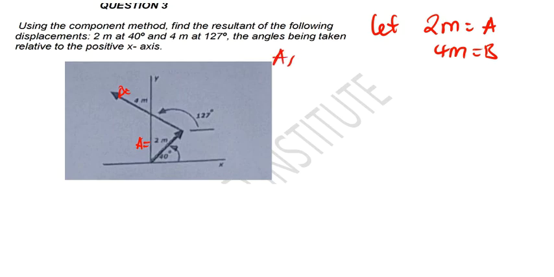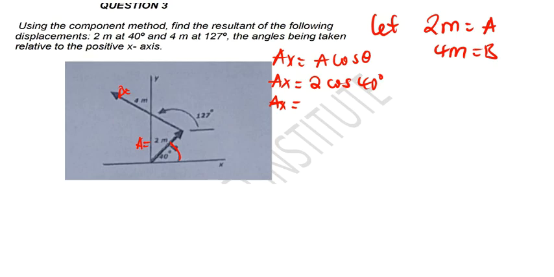So AX will be equal to A cos theta. My vector A is 2. Because what is our theta? Here is just direct. The angle is here, it is 40. So what will be AX? 2 cos 40.